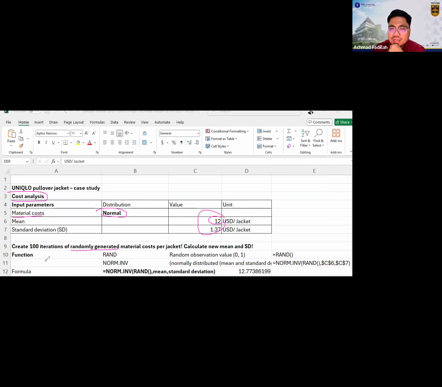You need to understand first about the formula, the function in the Excel. So not like previous linear modeling that used equal to x plus y plus z, something like that.